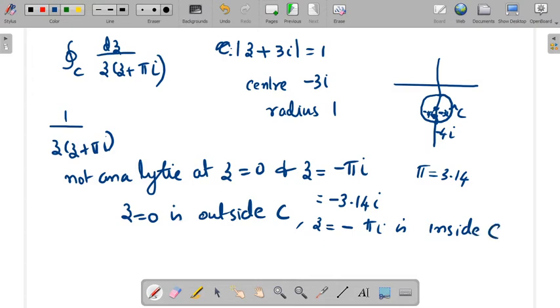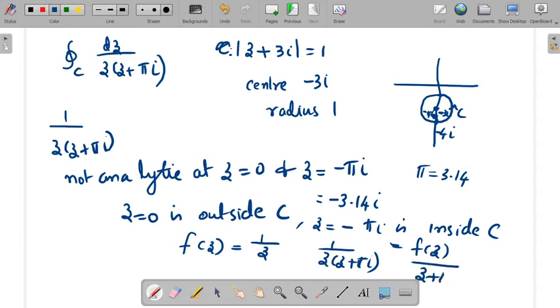Okay. അപ്പോൾ z equal to 0 സിയുടെ പുറത്തായതുകൊണ്ട് ഇത് ഈ ഫംഗ്ഷന്റെ അനലിറ്റിസിറ്റി, സിയുടെ ഉള്ളിലത്തെ അനലിറ്റിസിറ്റിനെ നമ്മൾ ഇത് അഫക്റ്റ് ചെയ്യില്ല. So you may take this function as f of z. എഫ് ഓഫ് സെഡിനെ നമ്മൾ 1 by z എന്ന് എടുത്തു കഴിഞ്ഞാൽ the function 1 by z into z plus pi I can be written as f of z divided by z plus pi I. F of z is 1 by z.